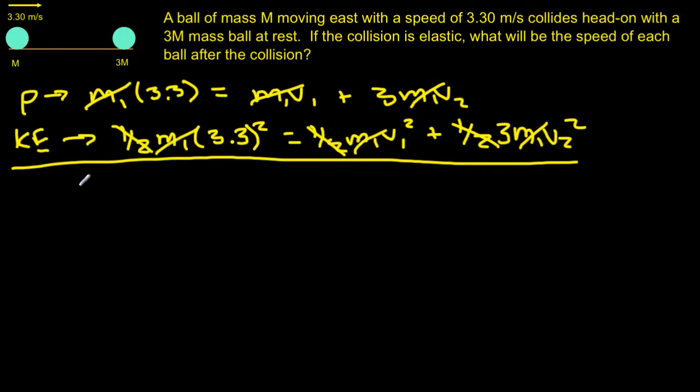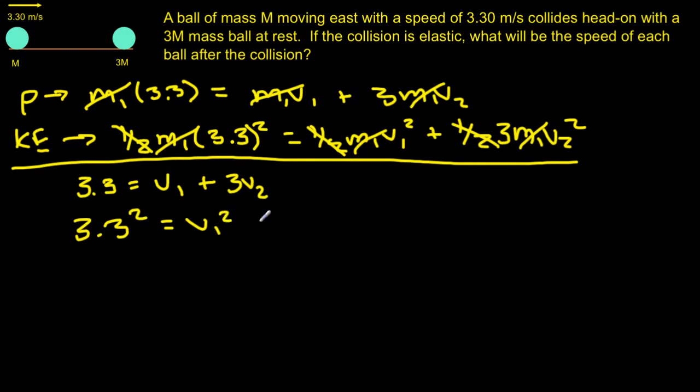So our equations become 3.3 equals v1 plus 3v2, and 3.3 squared equals v1 squared plus 3v2 squared.